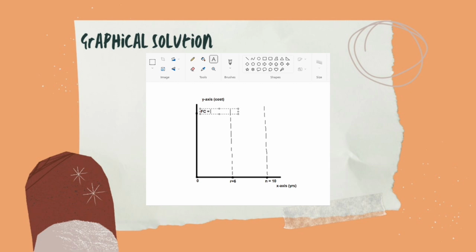In the given problem, we have the first cost having 100,000 pesos. And at the end of useful life, we have the SV having a value of 20,000.